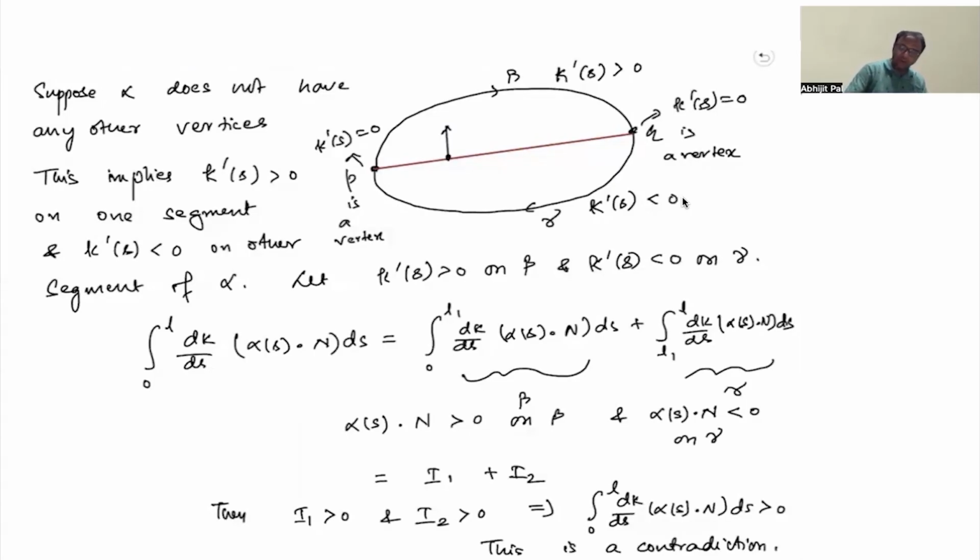Okay, so therefore I'll have another vertex. So this implies there exists a third vertex on alpha.